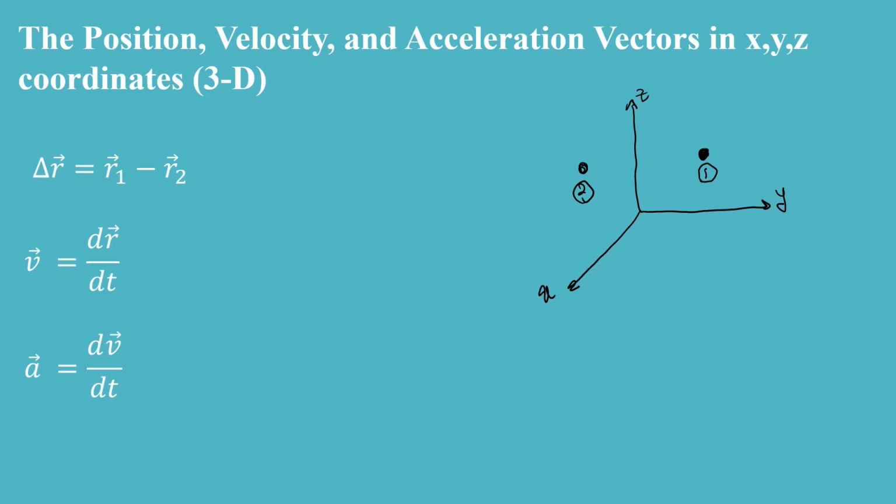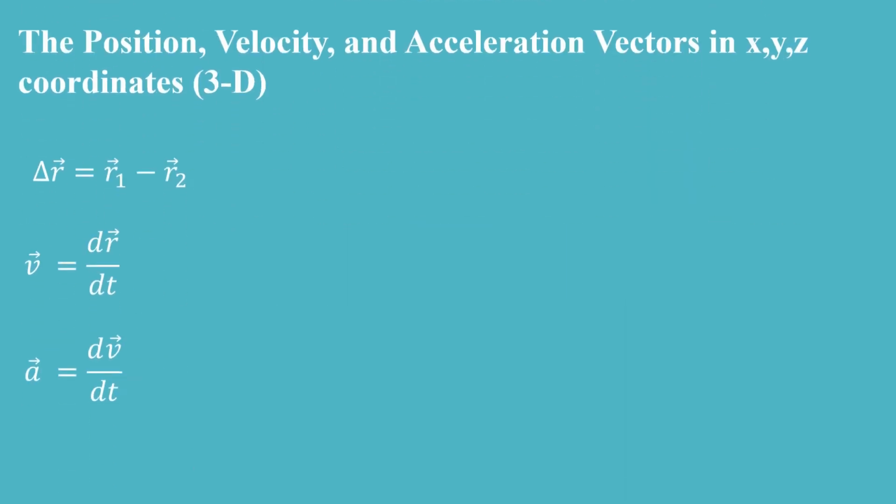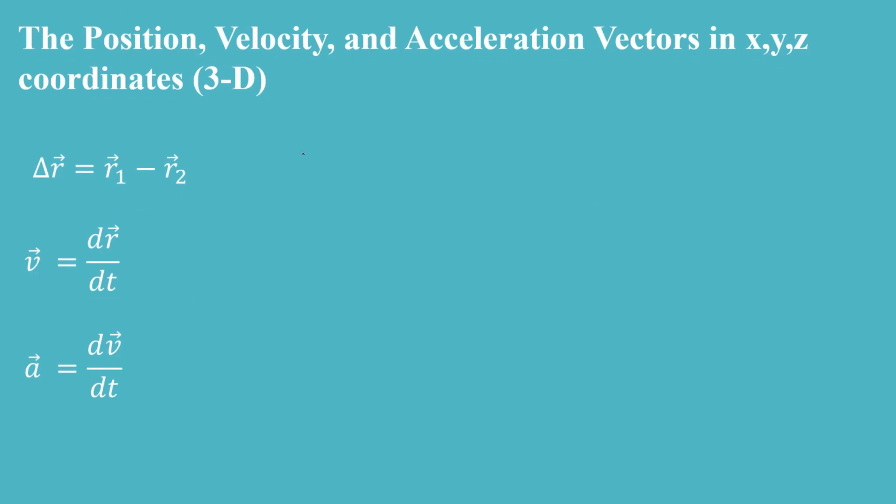Now let's write down the displacement for 3 coordinates. Let's say my r1 has coordinates x1, y1, and z1, right? And then my r2 is going to be x2, y2, and z2, right?